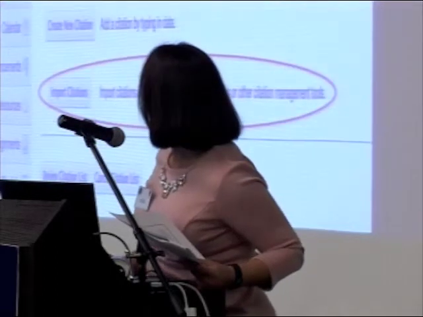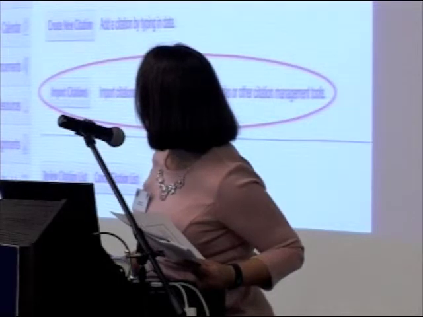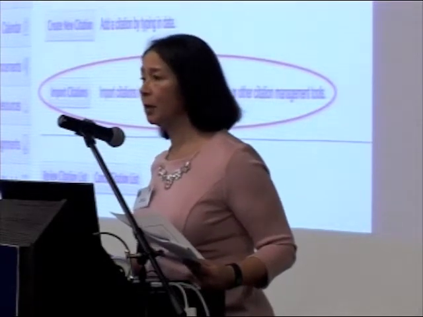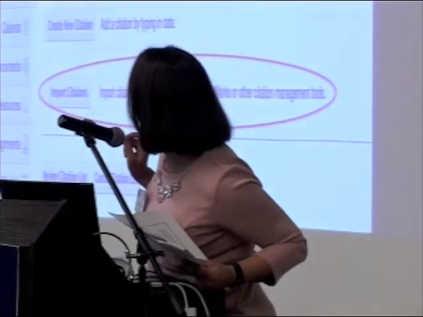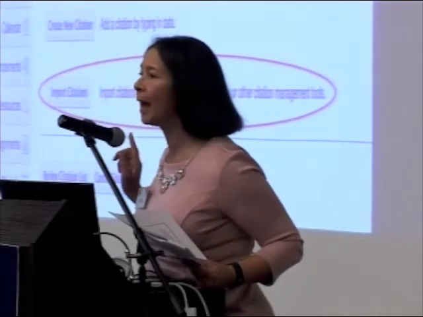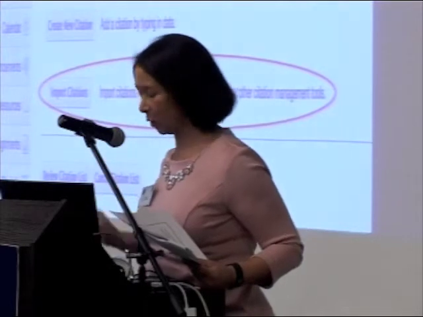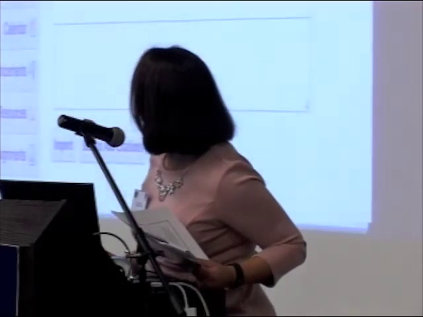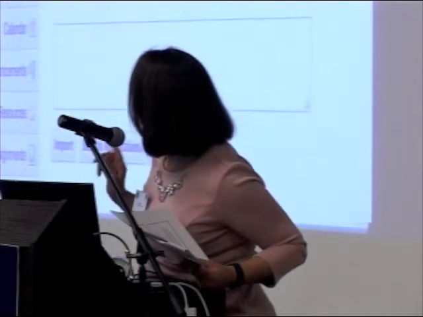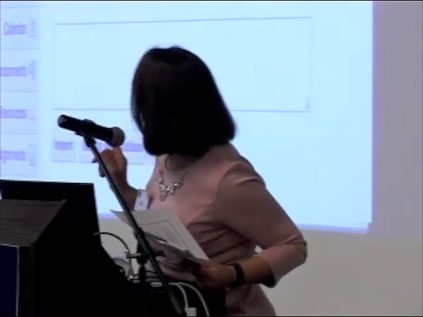All right? So you go there and you select Import Citations. And next to the Import Citations, you will see Import Citations in RIS format. Okay? So you select that, and then you are directed to choosing a file.